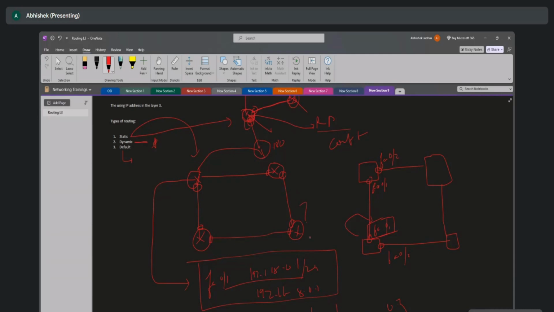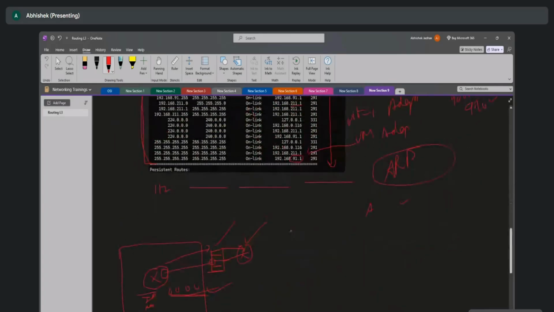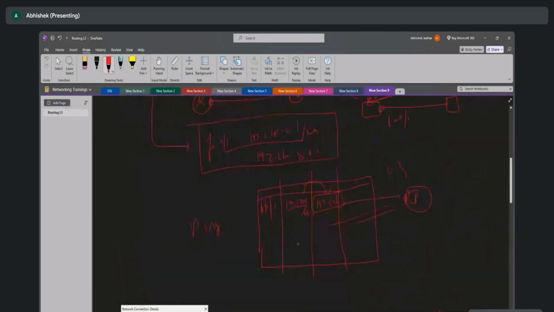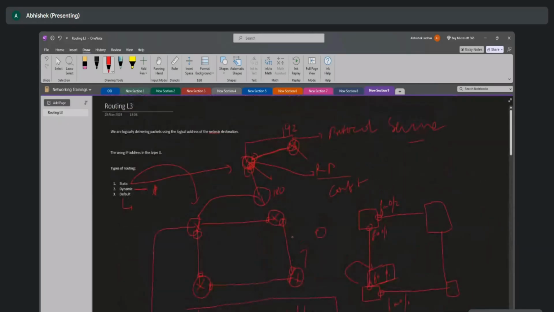What is it? It is 0. The reason being, that's the initial hop. There is nothing to decide there, whether it has to go here or here. First and foremost, it's 0 for the interface itself, and then later it will see which particular routing protocol is there. So accordingly, it will route the packets.